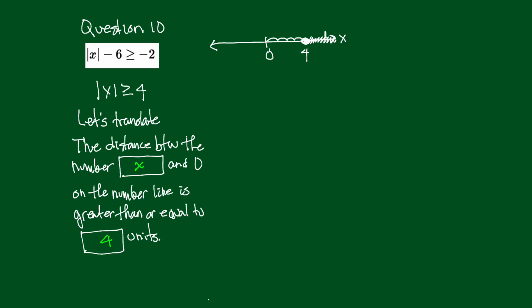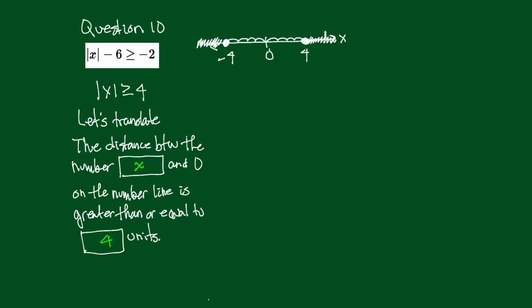But I could have gone to the left side. 1, 2, 3, 4. Now, I'm on the left side, so that's negative 4. Now where would the x's be? Well, the x's have to be at least 4 units away. So just put your pencil there. What if I'm here? Well, I'm not 4 units away. If I'm out here, yeah, now I'm more than 4 units away. So I'm going to shade in this region out here.